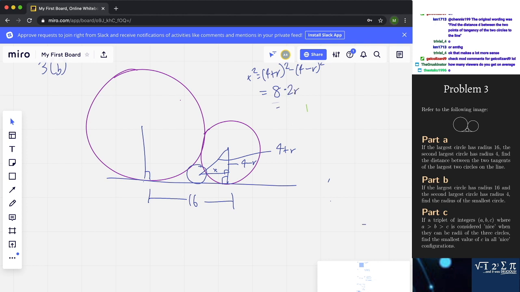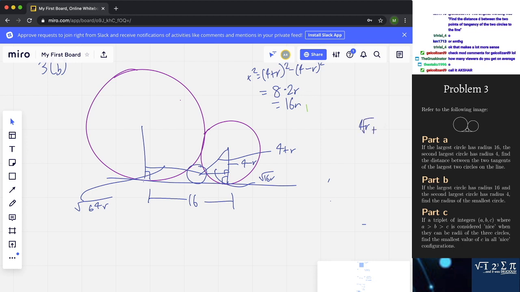So basically you get that this length here, instead of calling it x, we are going to call it root 16r. And if we do the same thing here, we're going to get root 64r. So we get that 4 root r plus 8 root r equals 16.